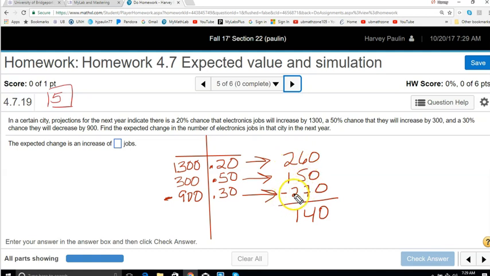Subtract 270 from it, we end up with 140. The expected change is an increase of 140 jobs, and this was the protocol we used to get there. All right, we'll do one more.